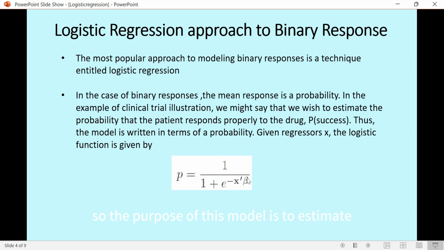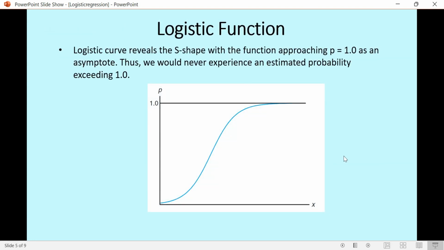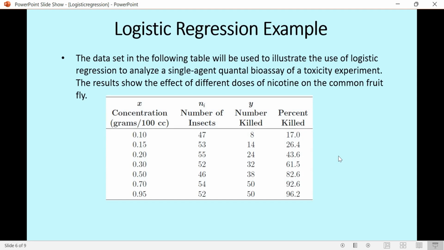The purpose of this model is to estimate the beta value. This is similar to linear regression, but the difference is that this part is in the exponent and in the denominator. To estimate a logistic regression, we use log likelihood. Let me show an example.